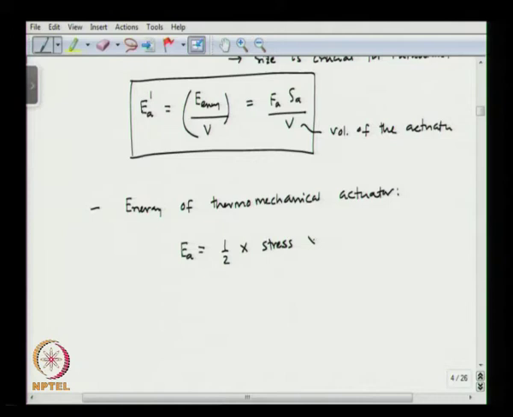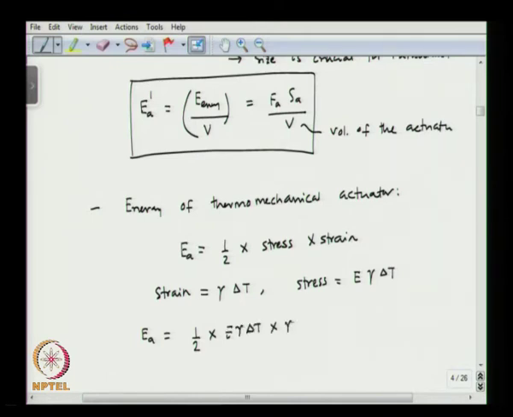The strain in case of thermomechanical is going to be the thermal expansion coefficient times temperature difference, gamma delta T. Similarly, the stress is going to be Young's modulus times the strain. So, you can find the energy, which is half E gamma delta T into gamma delta T, which is half E gamma squared delta T squared.